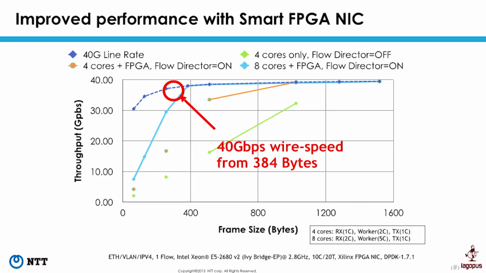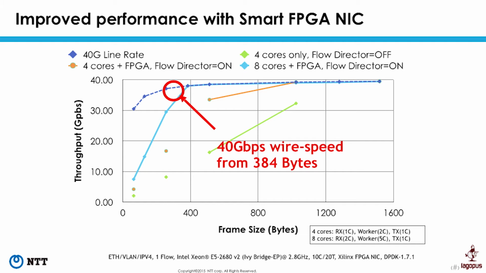So this is our preliminary performance. We can see our proposed method can achieve 40 gig wire speed from packet sizes of more than 38 bytes.